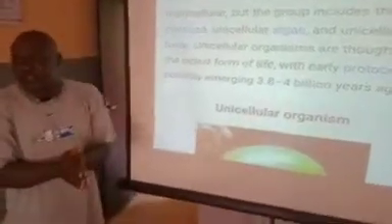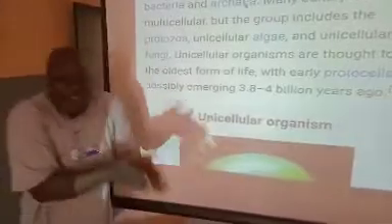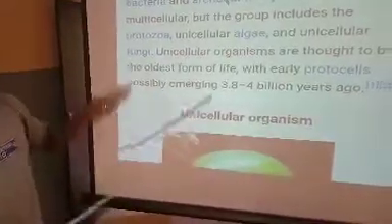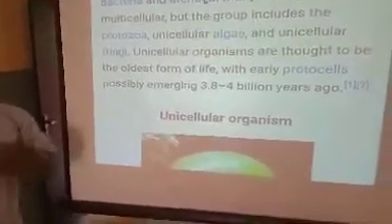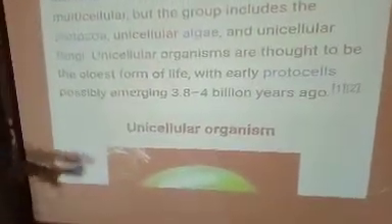Why did I pick these organisms as unicellular organisms? Because they have both plant and animal-like characteristics or features. In the course of our lesson, we will understand this better.